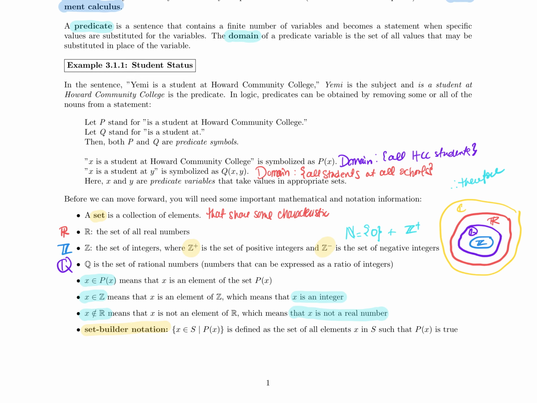What it's saying is x is an element of the set S such that p of x is true. So it just means that when x is in our domain, the predicate p of x is true.